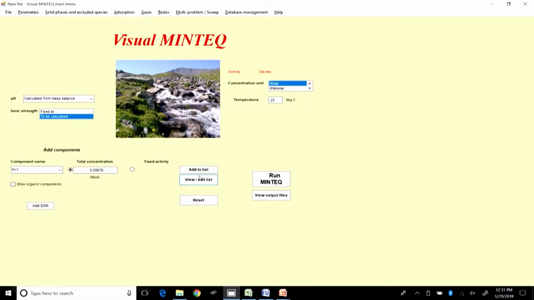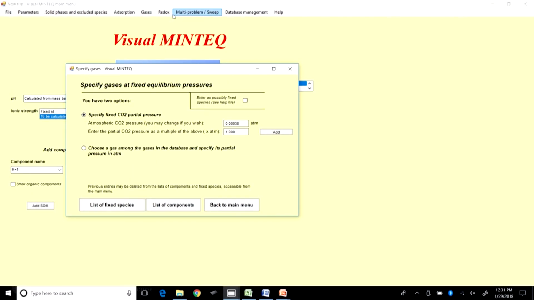So I need to go back to Visual MINTEQ here. I am going to gases and specify. Here I can specify different gases, choose a gas among the database, but because it is carbon dioxide, that is something usually built in, okay. So here the atmospheric partial pressure is 3.8 times 10 power minus 4 atmospheres, which is given, and you can specify a multiple of that if you want to.